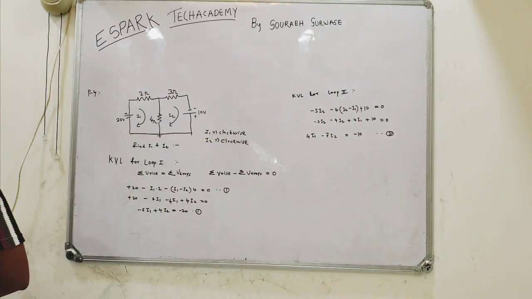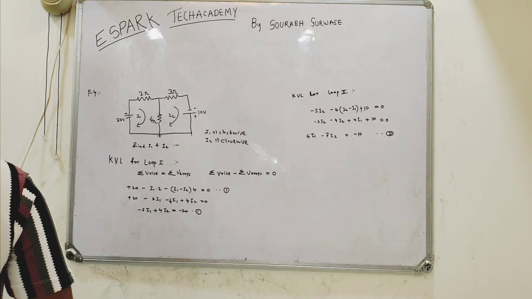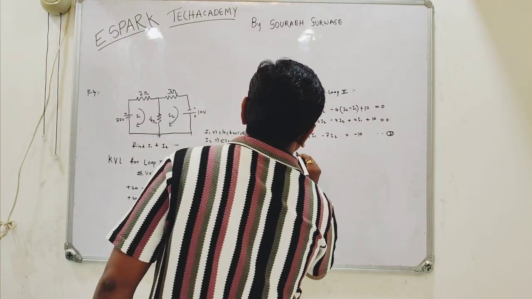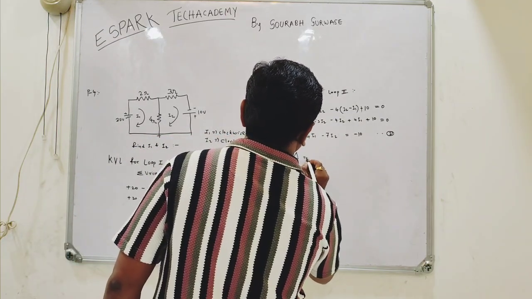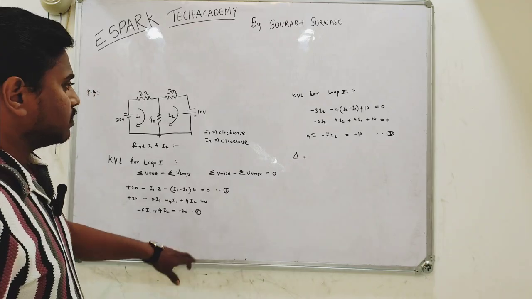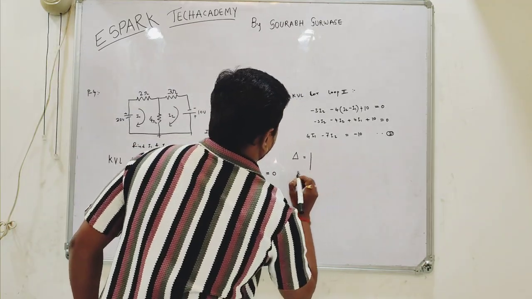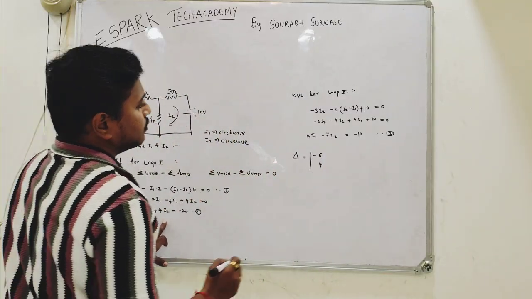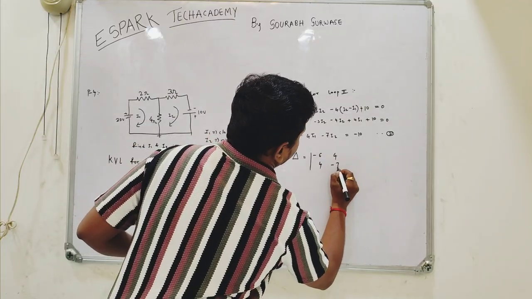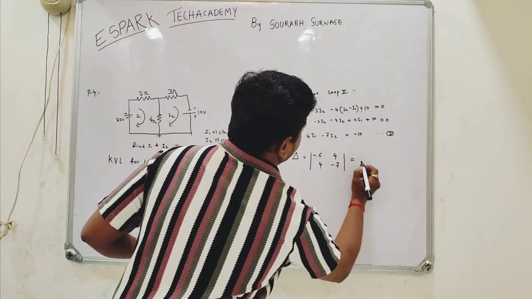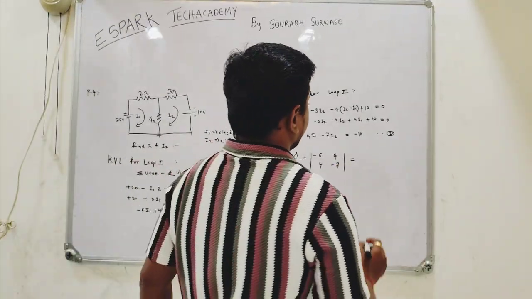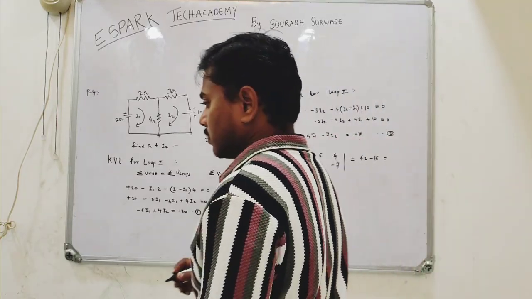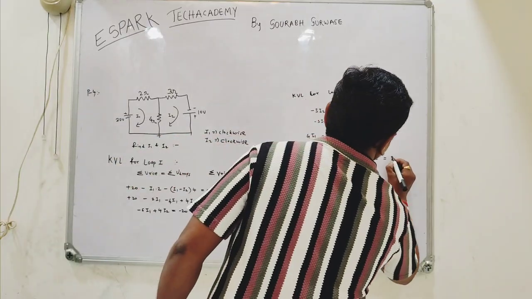Now what we will be doing is, we will first find out the delta, where delta is nothing but, as we have seen in the last example during our KCL, the determinant of these two equations. Now the delta will be minus 6, 4, from here the I2 coefficient will be 4, from here it will be minus 7. The delta calculation will be 6 into 7, it will be 42 minus 16, you will be getting 26.